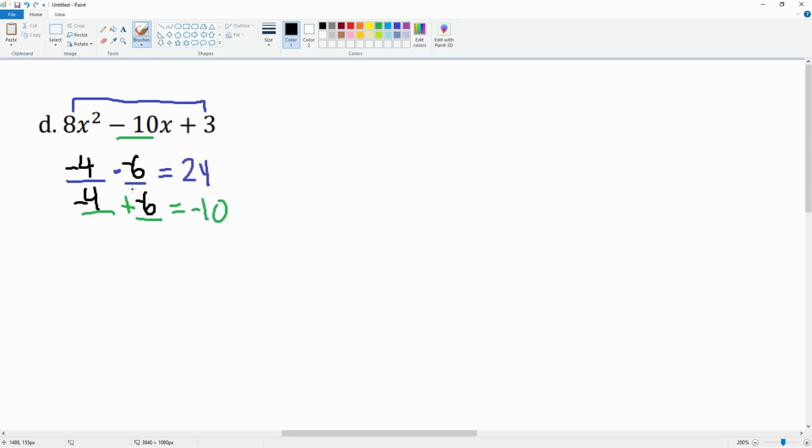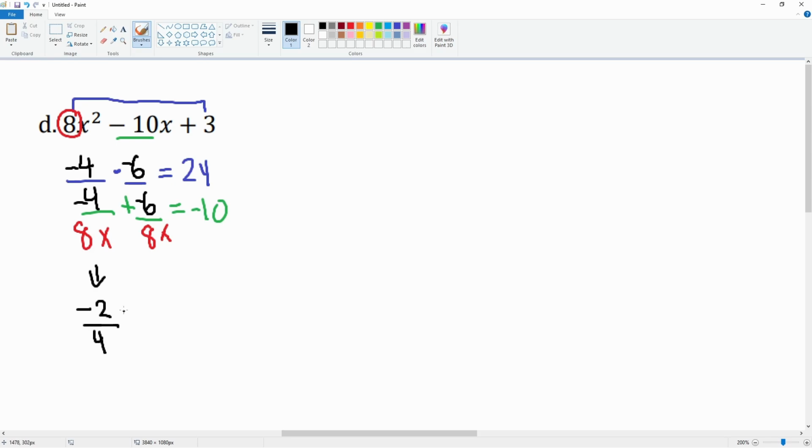Negative 4 times negative 6 is negative 24. Negative 4 plus negative 6 is negative 10. Divide by the 8x. Can they simplify? 2 goes into negative 4, negative 2 times. 2 goes into 8, 4 times.